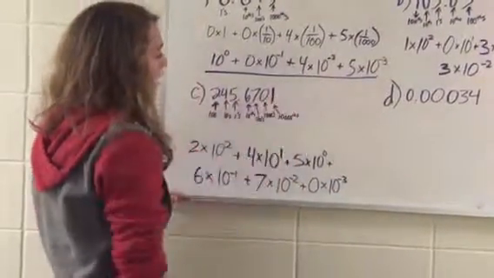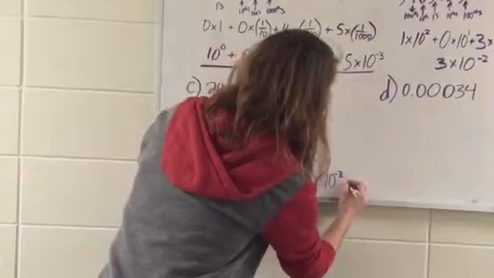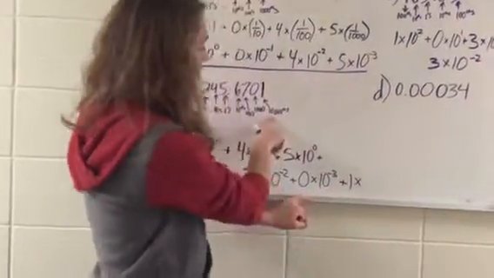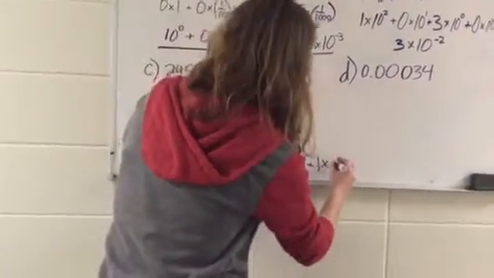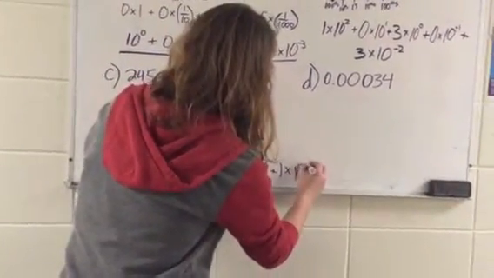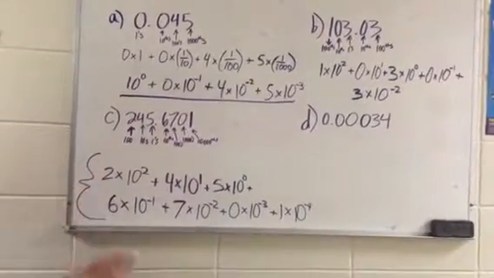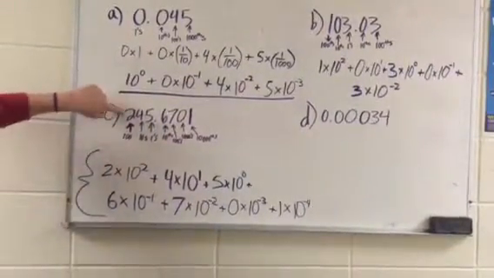And then lastly, we have 1 times, and we're in the ten-thousandths place. So we're going to do 10 to the negative 4. So this whole thing is the expanded form of that.